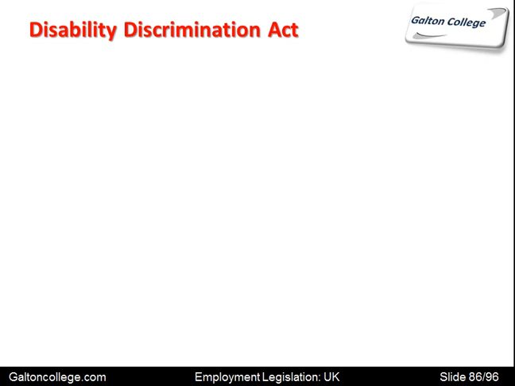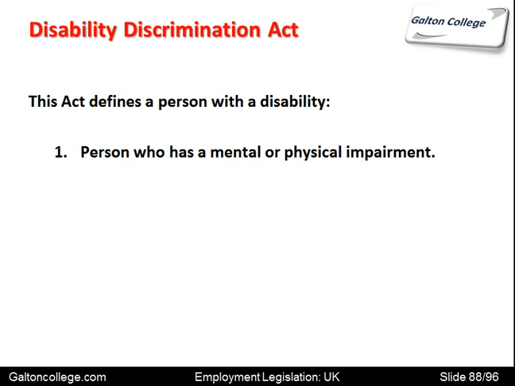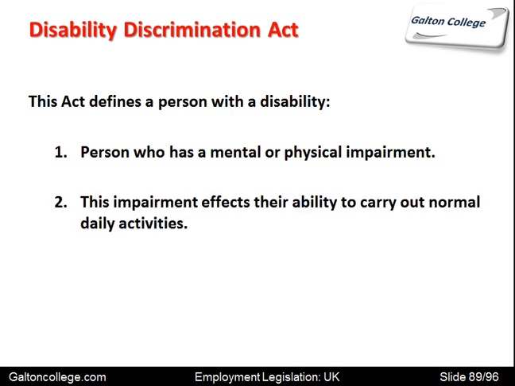The Disability Discrimination Act defines a person with a disability as a person who has a mental or physical impairment. This impairment affects their ability to carry out normal daily activities.